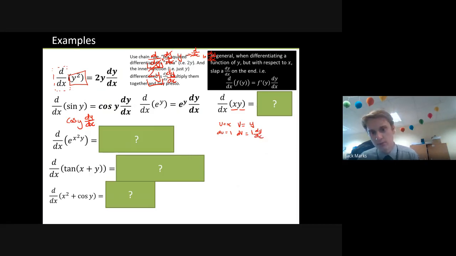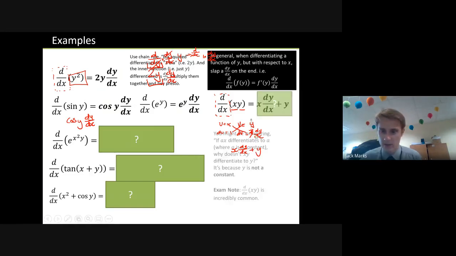It's not just 1, because the question is differentiate with respect to x, and I have a y, so I need this dy dx. You can get rid of the 1 if you want, okay? And then you put things together. So u dv will be x dy dx plus v du is going to be y. Okay, that will be your answer.